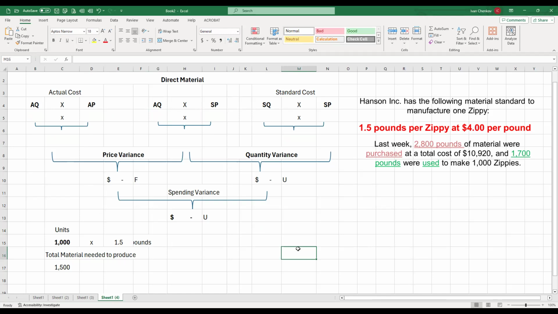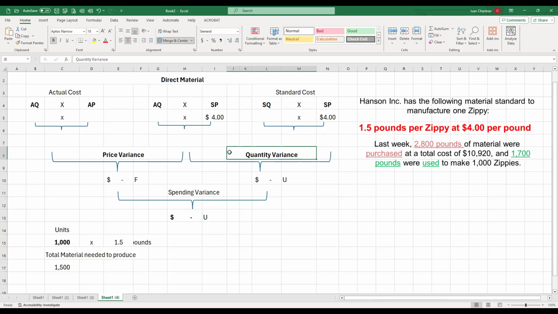So the $4 will be our standard price, correct? We're going to plug in $4 here and $4 here, and we have our standard price. Now, last week, 2,800 pounds of material were purchased at a cost of $10,920.